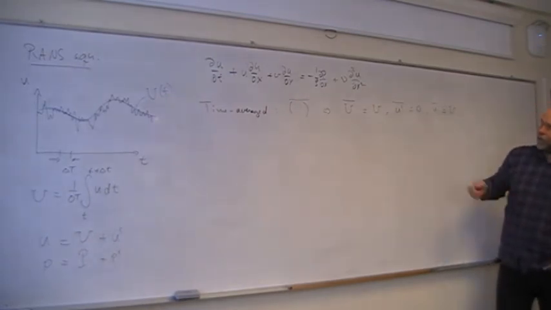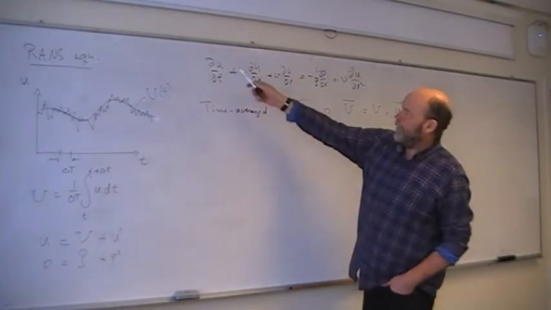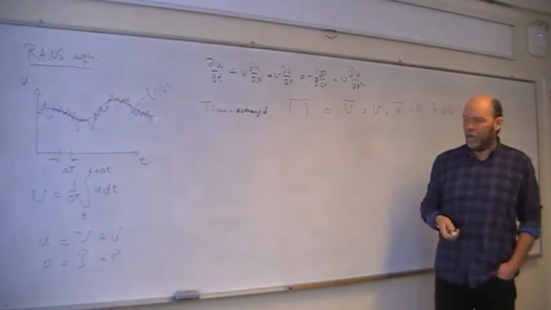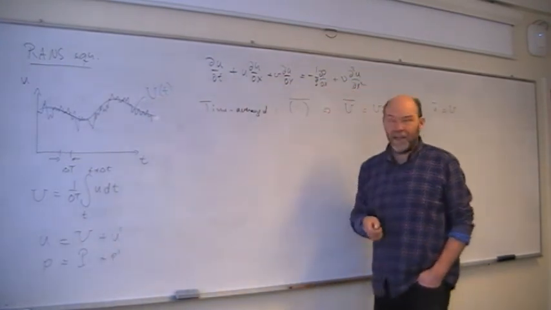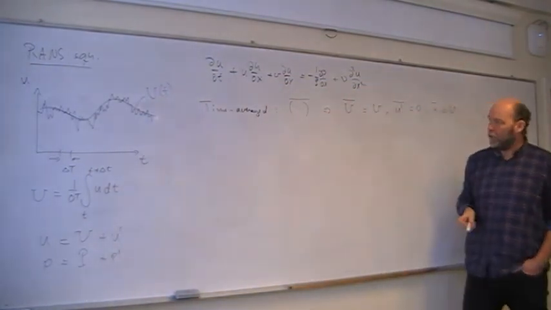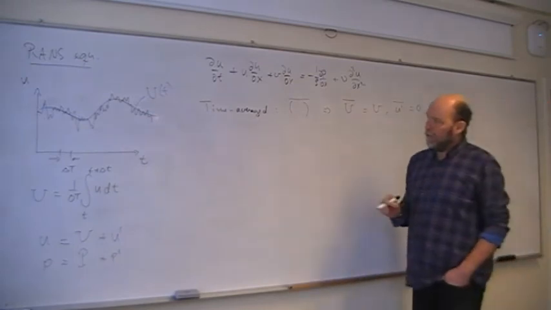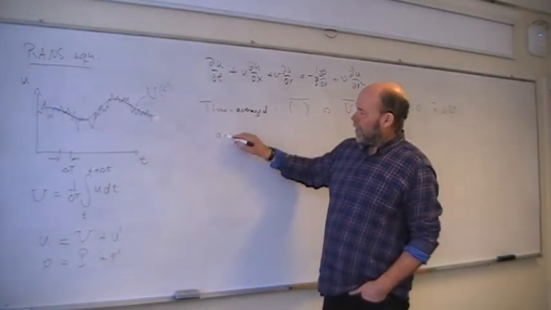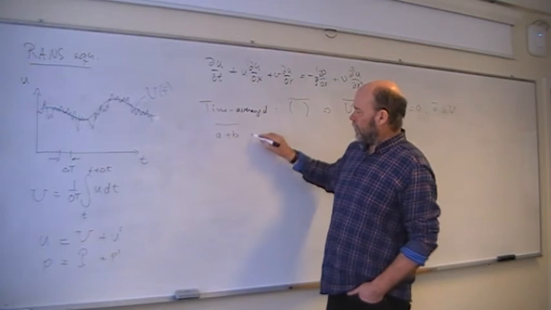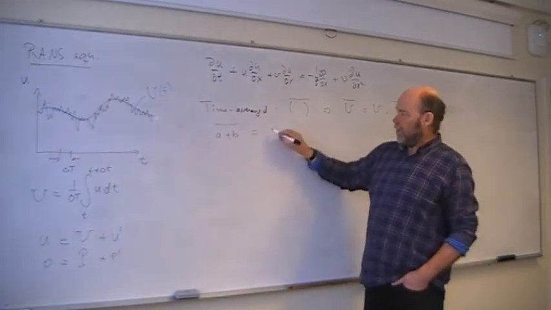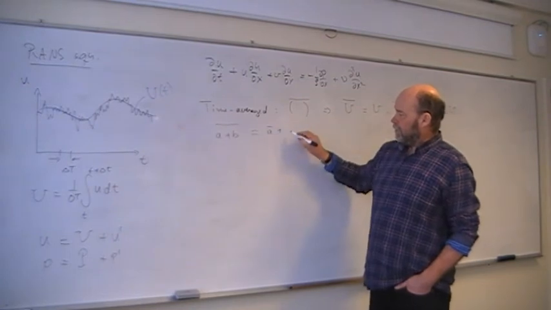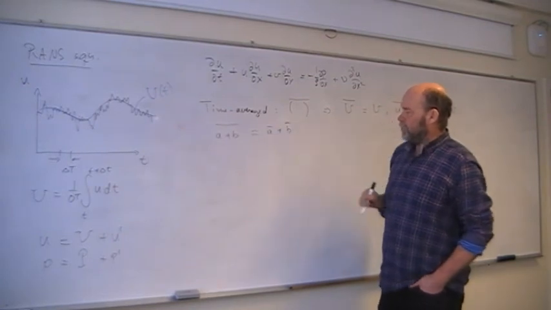So what we do, we insert all our variables with this mean and fluctuating part, and then take a time average of the entire equation. And then, if you have little statistics, taking the average of a sum will be the same as averaging those two first.